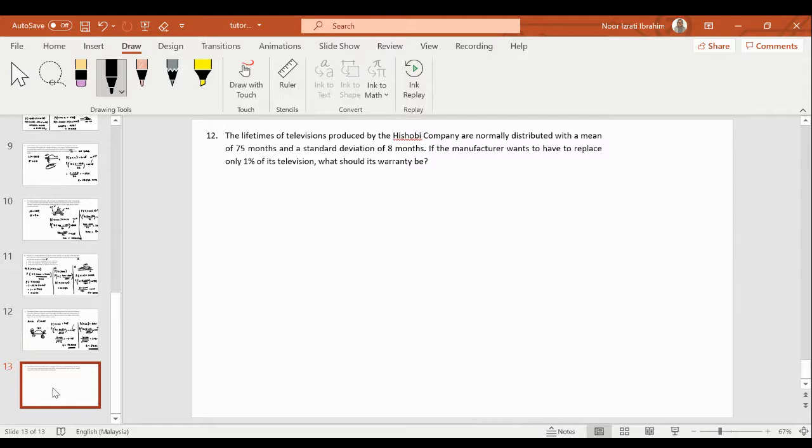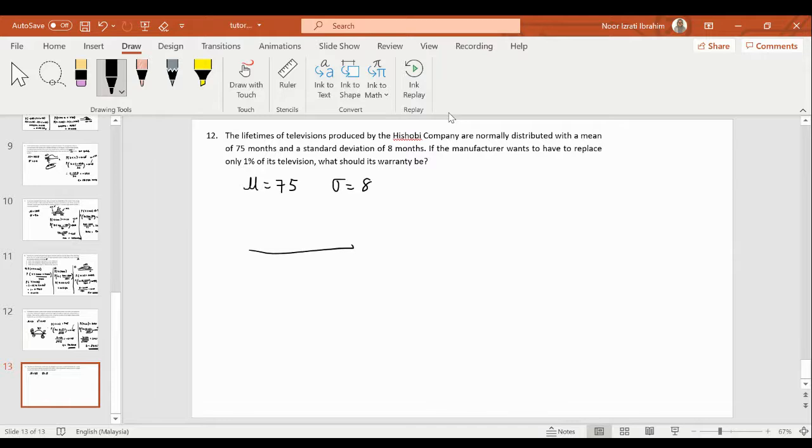The last question here. The lifetime of the televisions produced by the Hishobi company are normally distributed with mean 75 months and standard deviation 8 months. If the manufacturer wants to replace only 1% of its televisions, what would be the warranty?